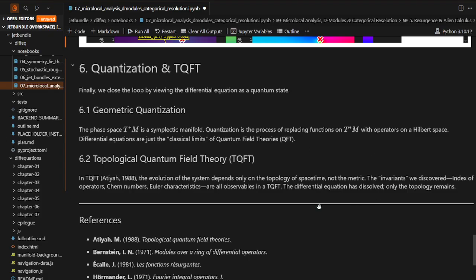And so this is the entire classical mechanics, and the symplectic geometry will be preserved under quantization, under geometric quantization. So topological quantum field theories were talked about with Atiyah in 1988, and with his index theorems and other ways of quantifying these topological invariances.